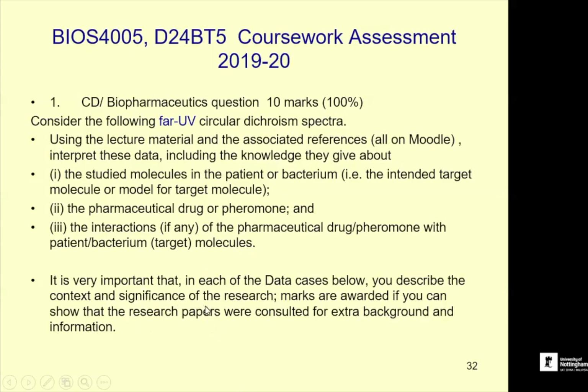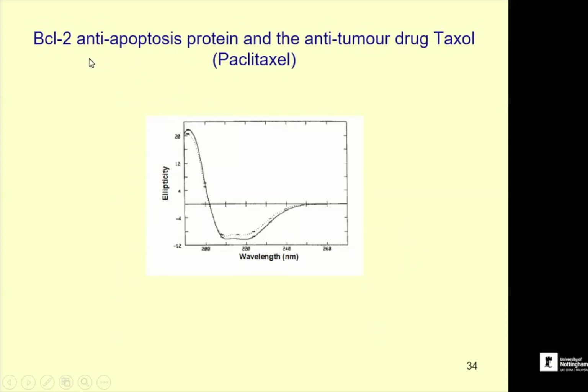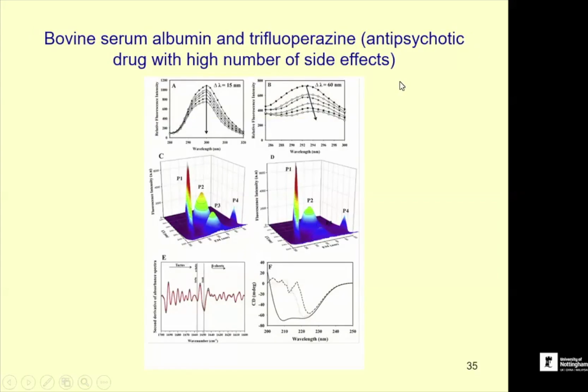So hence this statement is very important. You describe the context and significance of the research to get your marks and have read the research papers that go with it. So you get this set of data, which is looking at a bacterial membrane protein and its interactions with some disinfectants, an anti-apoptosis protein and its interactions or not with an anti-tumour drug called Taxol, BSA as a model for human serum albumin, and the effect of an antipsychotic drug which has more side effects than many antipsychotic drugs, and it's part of an investigation to see why that is.